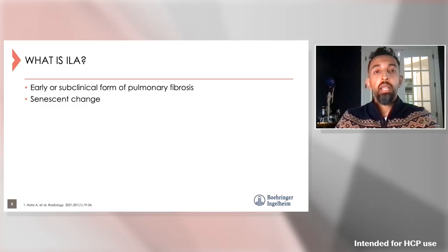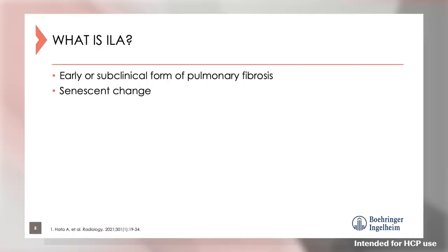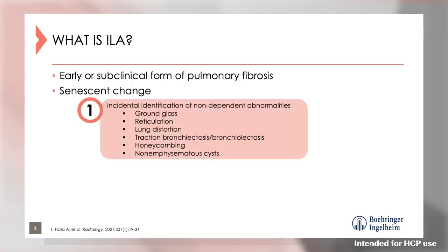If you are reading a thoracic CT, what are the imaging findings that are going to help you to identify if this patient may have interstitial lung abnormality? Well, here are some specific clues that can help you identify interstitial lung abnormalities on CT. One, you should be looking for ground glass opacities. You can also look for reticulation. Lung distortion also happens in patients with interstitial lung abnormality.